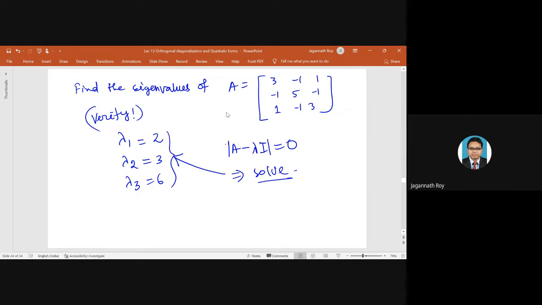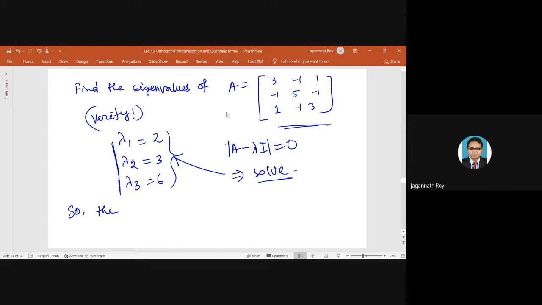So the canonical form you can directly write, because this is a symmetric matrix and the eigenvalues are distinct.